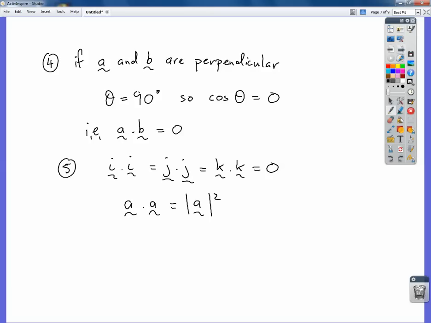Number 5, I dot I, J dot J, and K dot K. Obviously they're all parallel to each other: I is parallel to I, J is parallel to J, K is parallel to K. Now if you have a non-zero vector, A dot A, then they're going to be parallel. Their dot product is going to be the magnitude of A squared, so the magnitude of A times the magnitude of A.